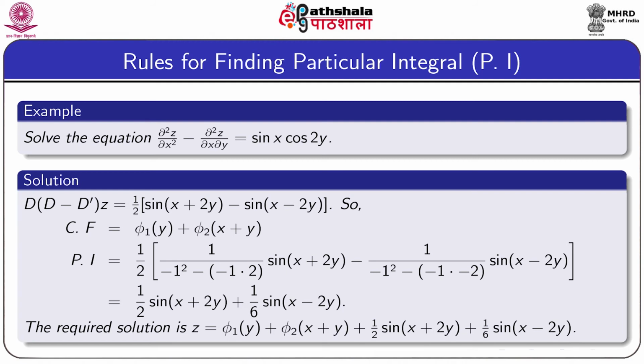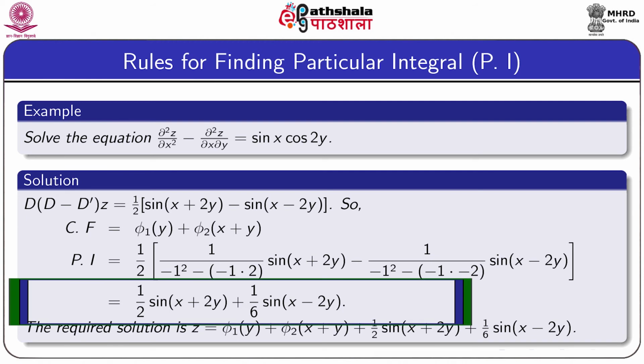According to the previous rule, we replace D square by minus 1 square and DD dash by minus 1 into 2. That rule is applied here, and for the second function we use the same rule and get the particular integral as half of sine(x + 2y) plus 1 by 6 sine(x minus 2y).